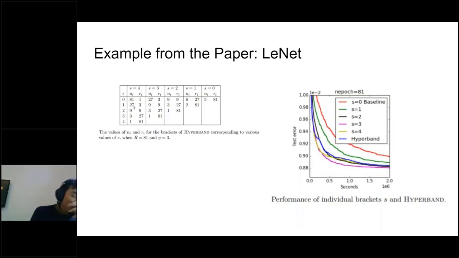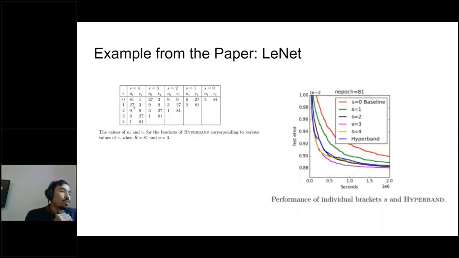So at the beginning, what the algorithm does is that it divides resources equally to all configurations of your hyperparameters, but trains for a few iterations. And then that's something that you can change as you want.